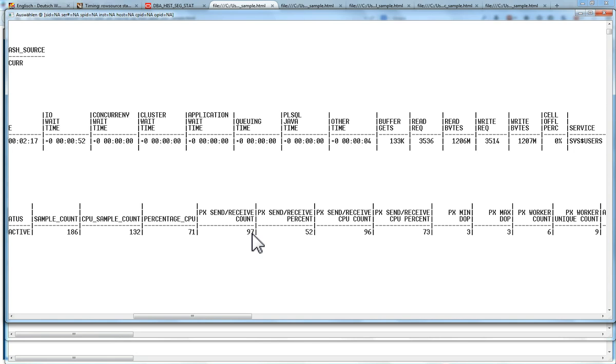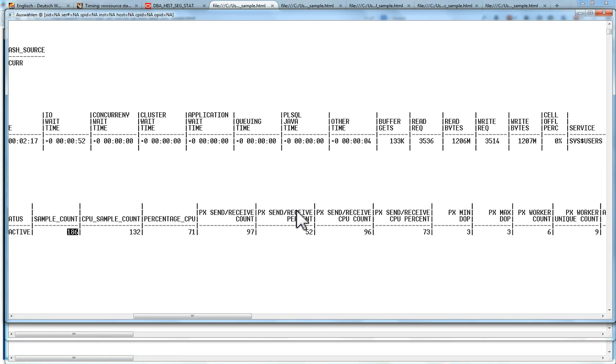Hence I find that information quite helpful to get an idea about the overhead. We can see here, which is a bit of an extreme case, because that's the way I engineered this example, that we have 97 samples spent in this send and receive part, and out of these 186 total samples, this means that more than 50% of the execution time was actually spent in sending and receiving of the data, which is a significant overhead.